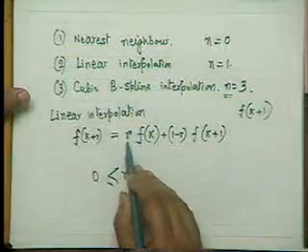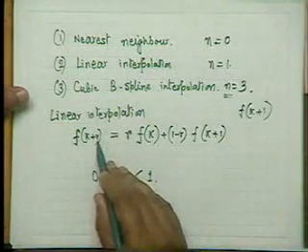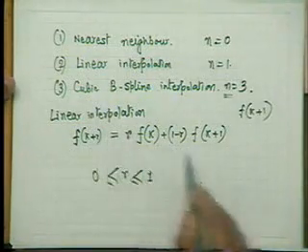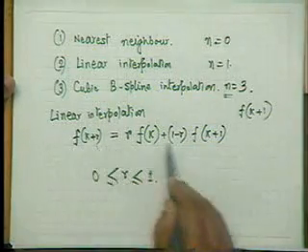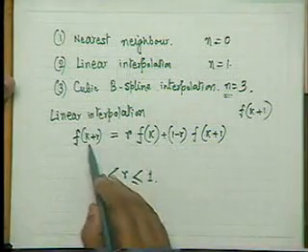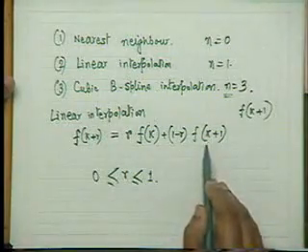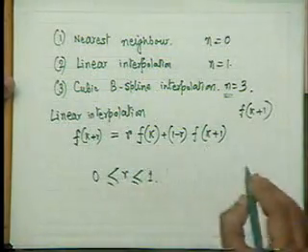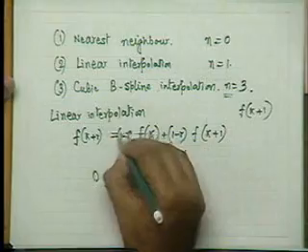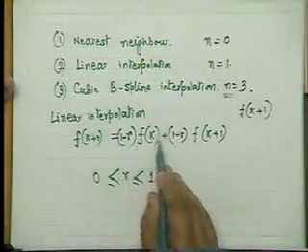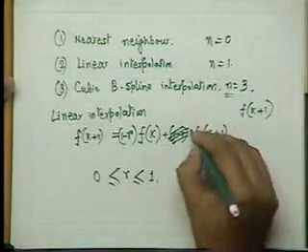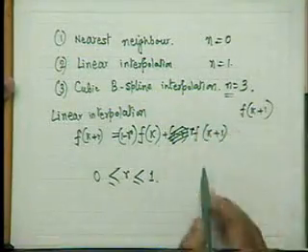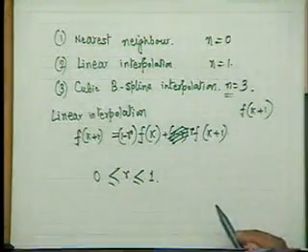Yes, because I find some mistake in this relationship. If I substitute r equal to 0, then obviously I am not getting the relationship; I am getting f_k equal to f_{k+1}, which is not correct. So it should be 1 minus r times f_k plus r times f_{k+1}.